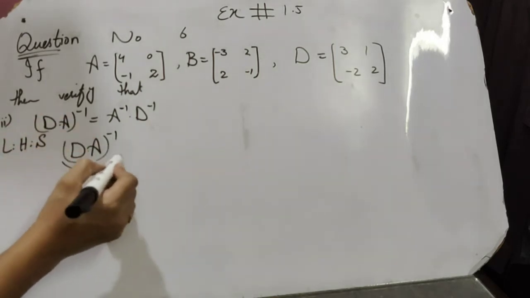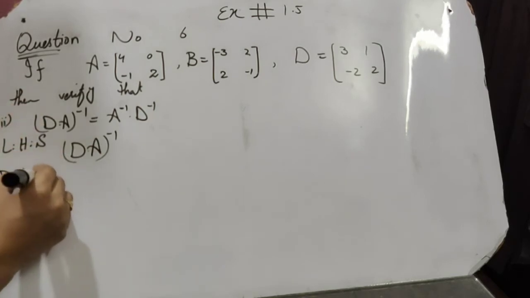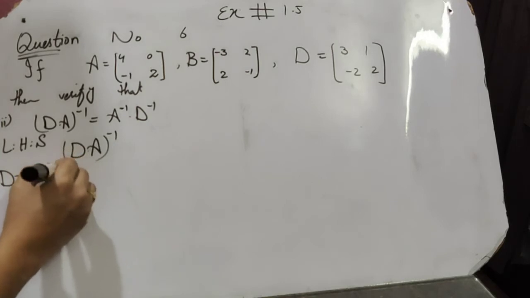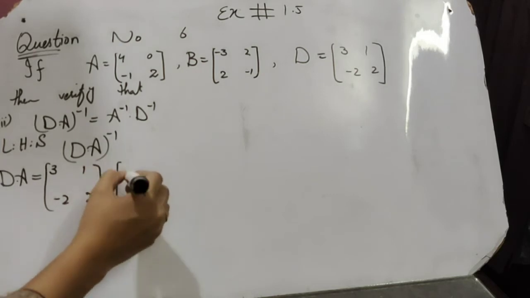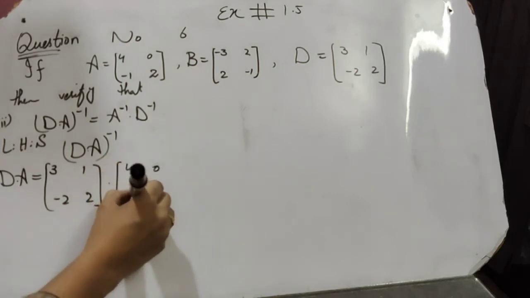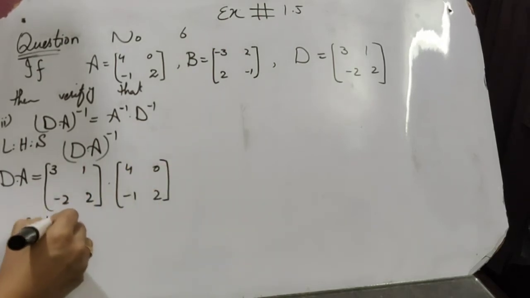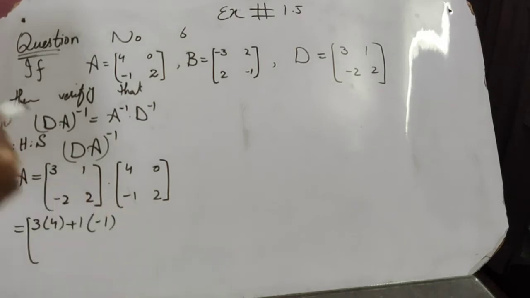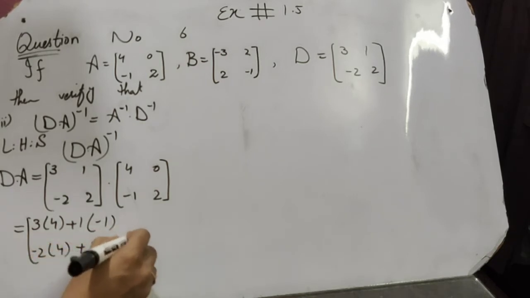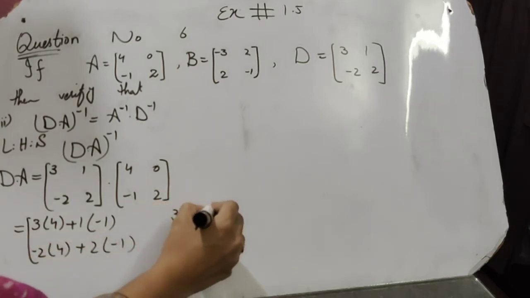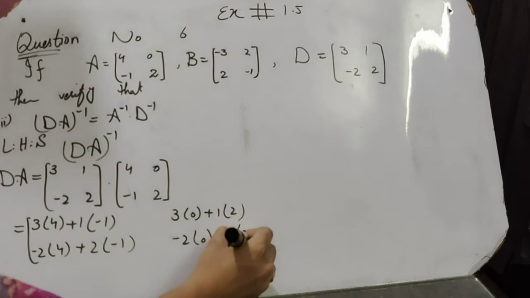To find this inverse, first we multiply D and A. So D into A will be equal to, put the value of matrix D, which is [3, 1; -2, 2], and now put the value of matrix A, which is [4, 0; -1, 2], and this will be equal to [3 into 4 plus 1 into -1, 3 into 0 plus 1 into 2; -2 into 4 plus 2 into -1, -2 into 0 plus 2 into 2].